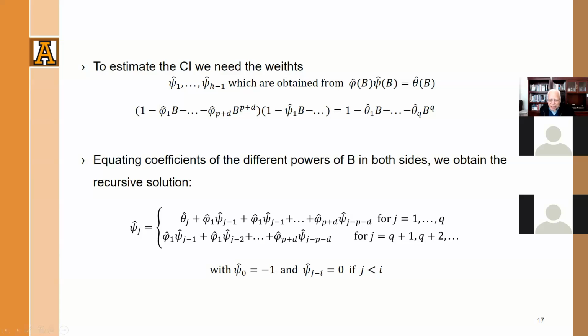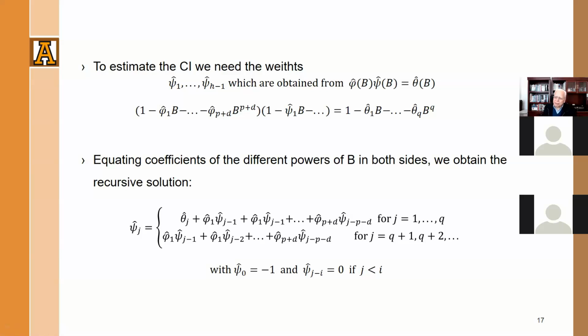And then once j takes the values q plus 1, q plus 2, and so on, remember that when j is greater than or equal to q plus 1, the q moving average terms stop appearing. I don't have moving average terms for my forecasts when I go beyond q. So psi_j will be equal to this expression, and it ends at psi_{j-p-d}, for j greater than or equal to q plus 1.